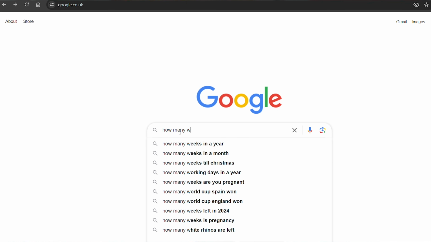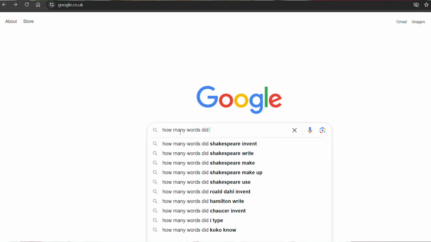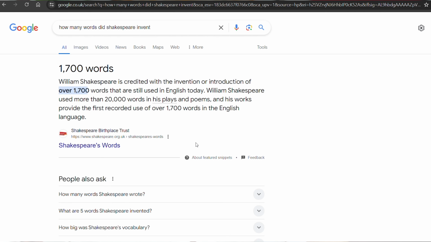How many words did Shakespeare invent? And the number that crops up again and again is over 1,700. However, this is once again an exaggeration, as many of these words were first recorded in the works of Shakespeare, but they were probably around for much longer.